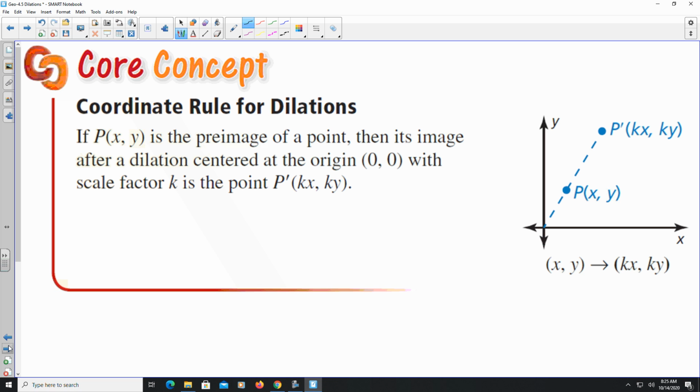So here it says whatever values of x and y your original figure has, your scale factor gets multiplied by the same values of x and y. Okay, and it's the same number. So that's why k is being multiplied by both x and y to get your new image. So in this case, this is what P prime is. This is P.